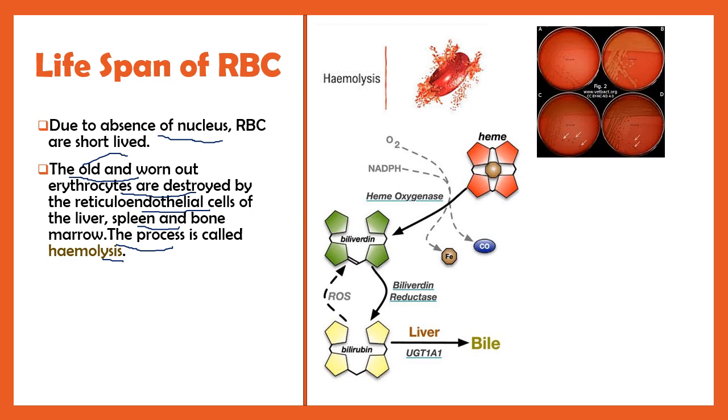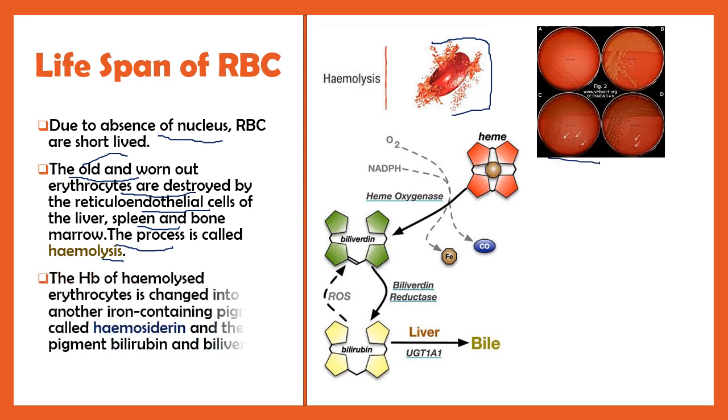In this picture, we can see the hemolysis, that is degradation of RBCs in spleen, liver and bone. The hemoglobin of the hemolyzed erythrocyte is changed into another iron containing pigment, hemosiderin, and the bile pigments bilirubin and biliverdin are formed from it.